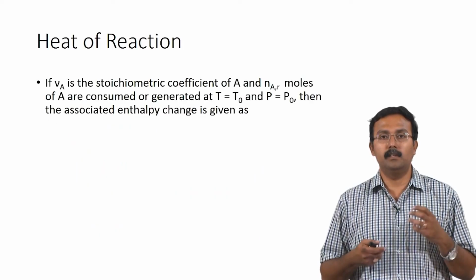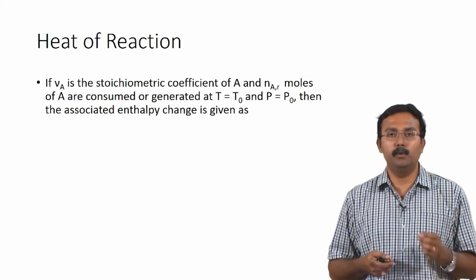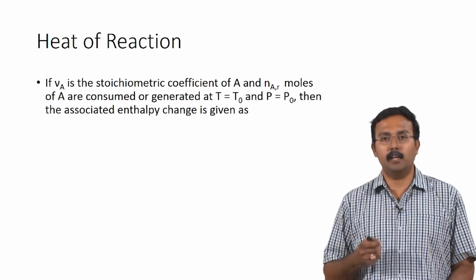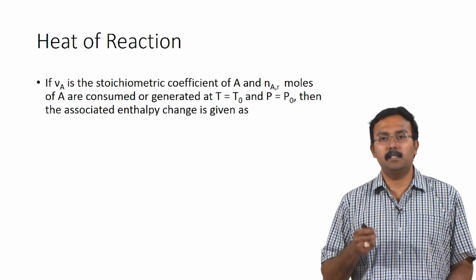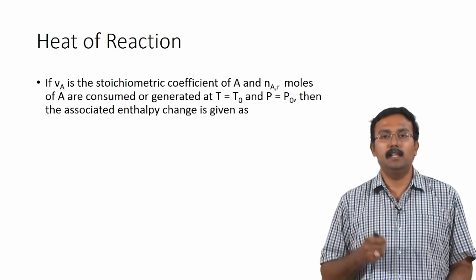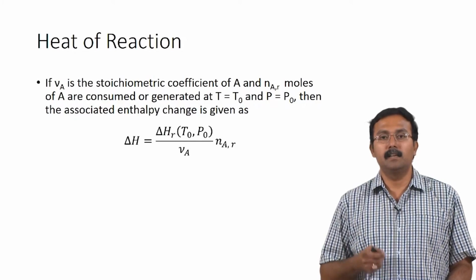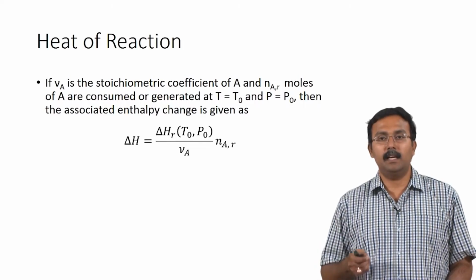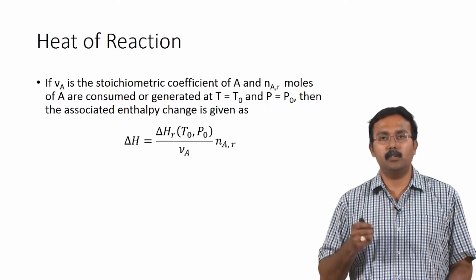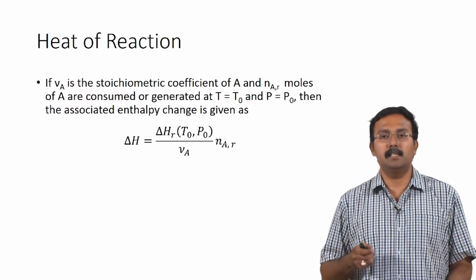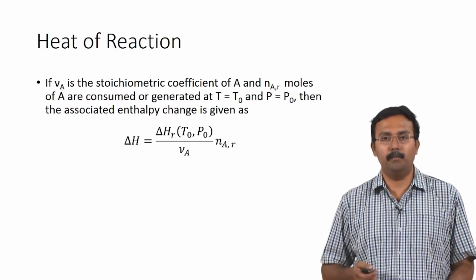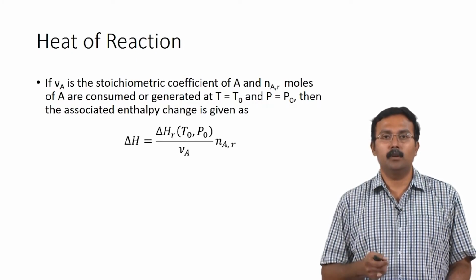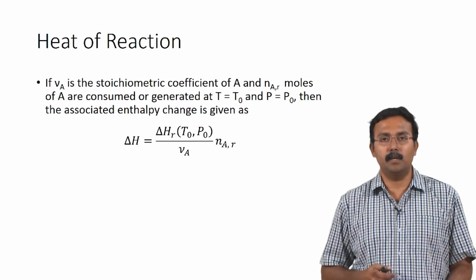So, if nu A is the stoichiometric coefficient of A and NAR moles of A are consumed or generated at temperature T naught and pressure P naught, then the associated enthalpy change is given as delta H equals delta HR times NAR divided by nu A, where nu is the stoichiometric coefficient and NAR is the change in the number of moles of a component and delta HR is the heat of the reaction. So, the total enthalpy change can be calculated this way.